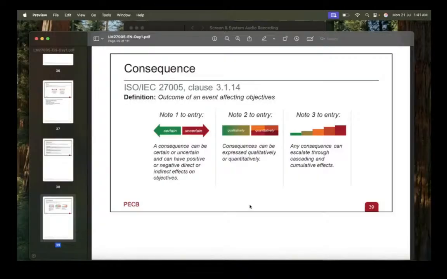Consequence can be qualitative or quantitative. What do we mean by qualitative and quantitative? Basically, it cannot always be quantified. Sometimes it is expressed in quality, like it changes the quality of the system, and it cannot be identified in quantity terms. And then there are consequences which can be expressed in quantity terms as well.